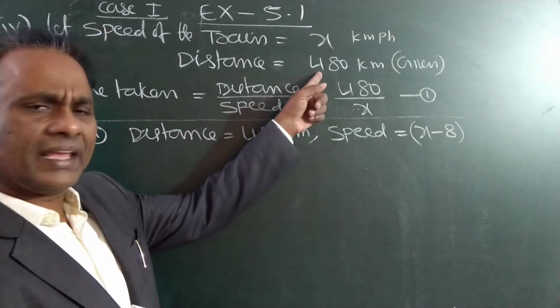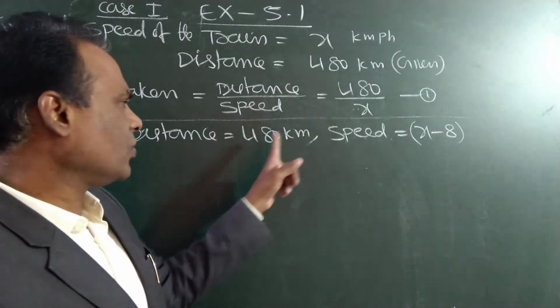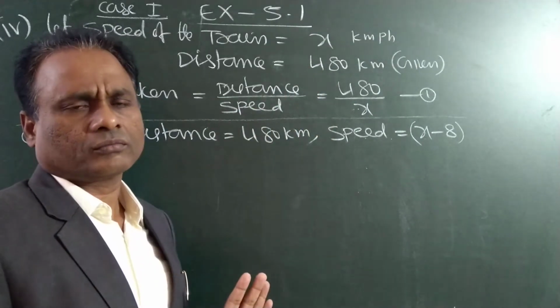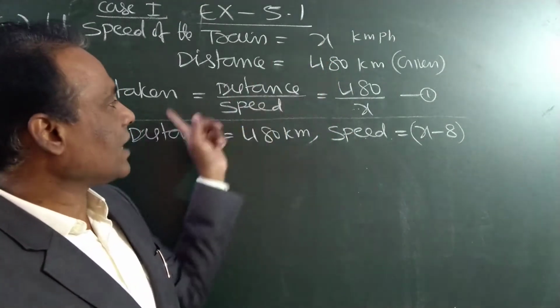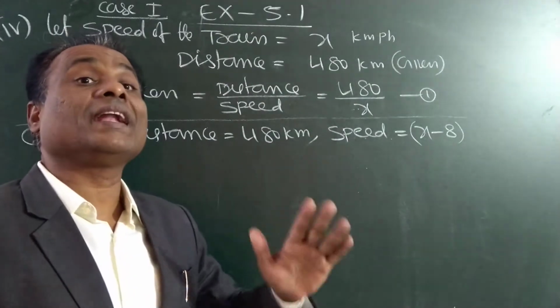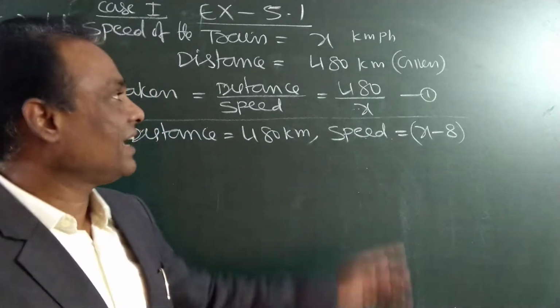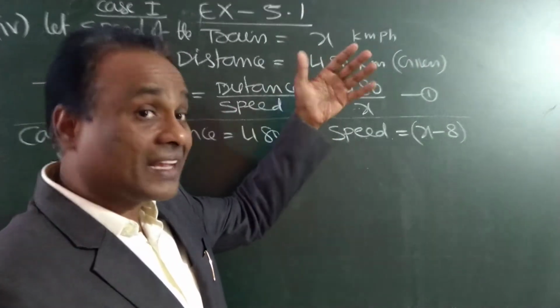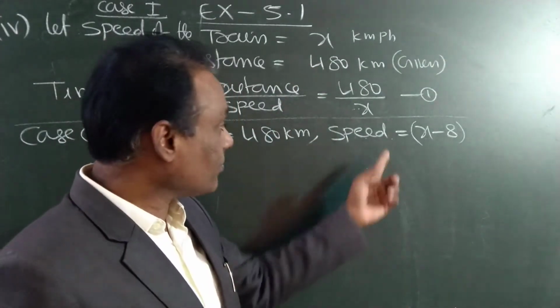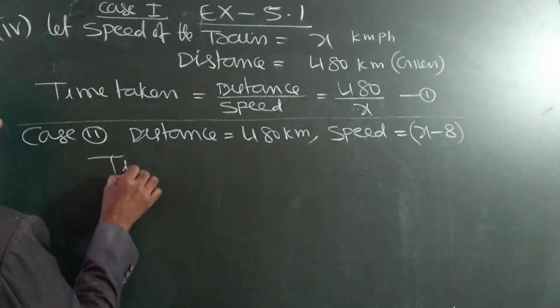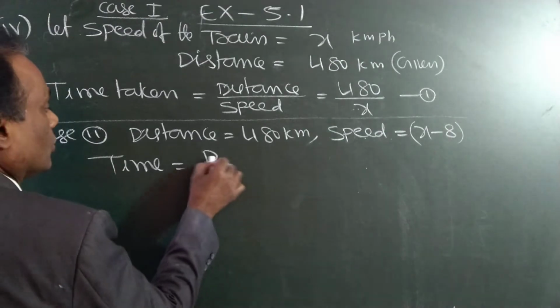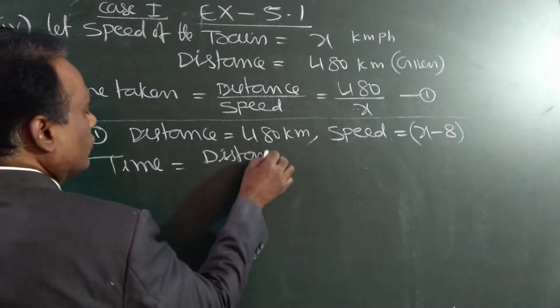The train has to travel the same distance, 480 kilometers. Suppose if the speed is x, then the time will be like this. Suppose the speed is decreased by 8, which means x minus 8. Now how much time is taken? Time is equal to distance by speed.